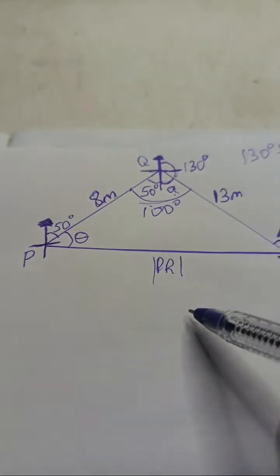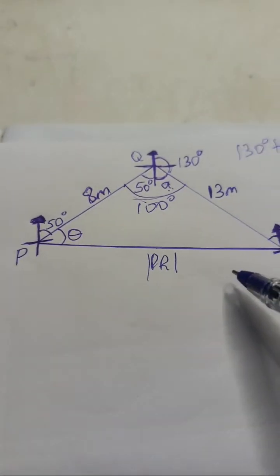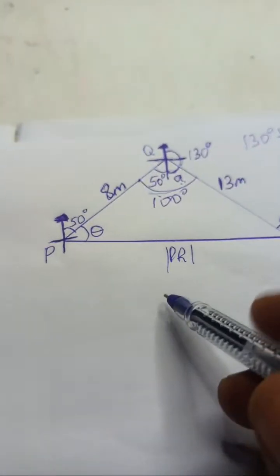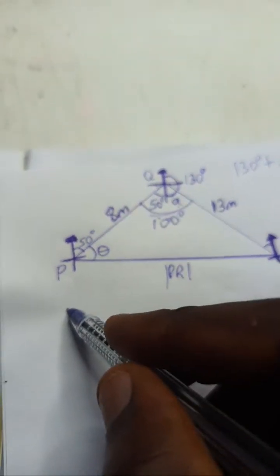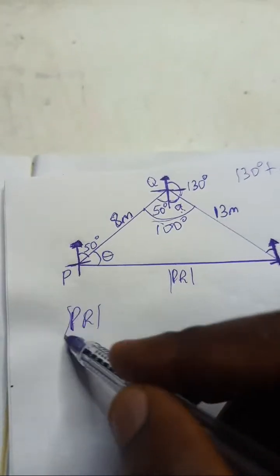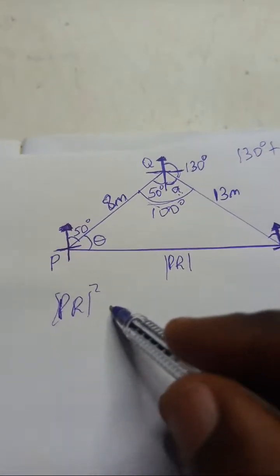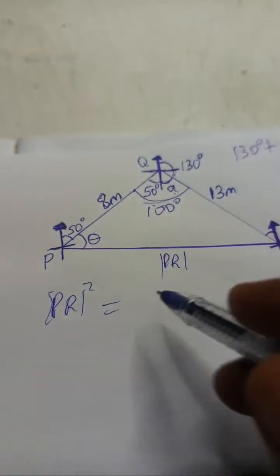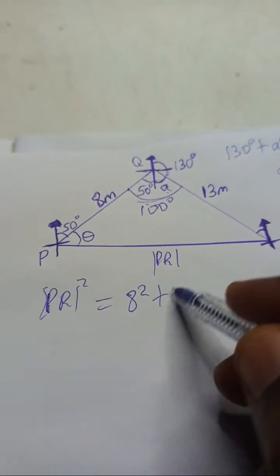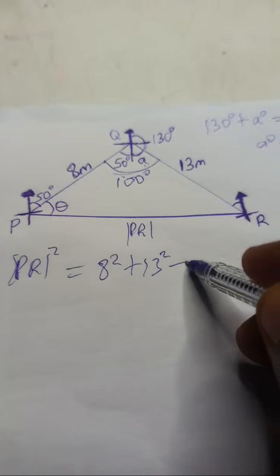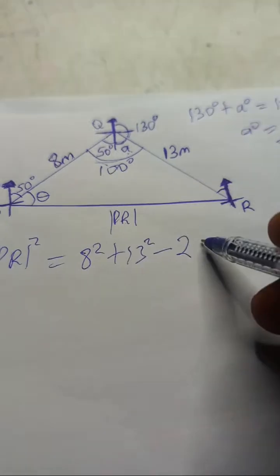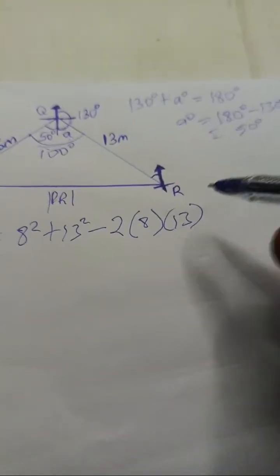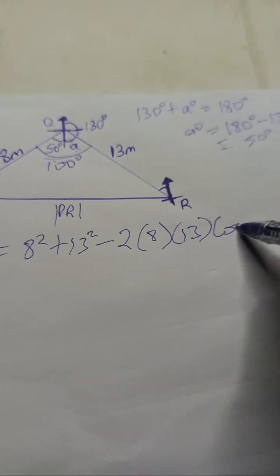So to solve this, what we have to do now is use our cosine rule. Using the cosine rule, PR squared, which is this place, is equal to the square of this and the square of this. So it means 8 squared plus 13 squared minus 2 into 8 into 13 cos.